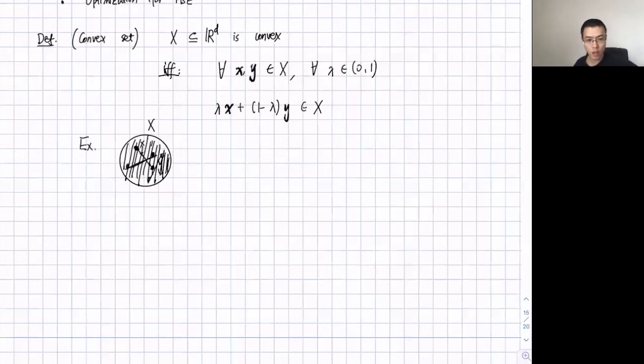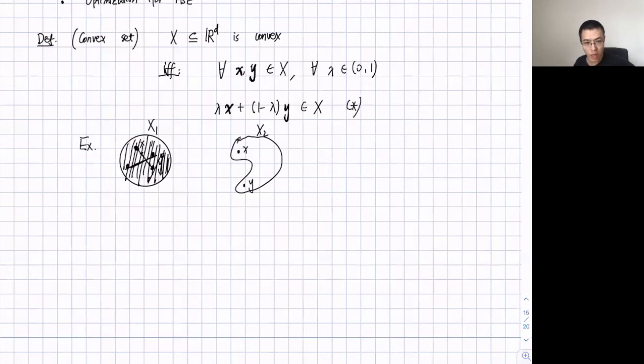Okay. So another example, for example, this set, I call it x2, is not convex. Because I can choose x here, I can choose y here, and then I can choose lambda. So if I want to show a set is not convex, then I need to give you 2 points and the lambda showing that this condition does not hold.